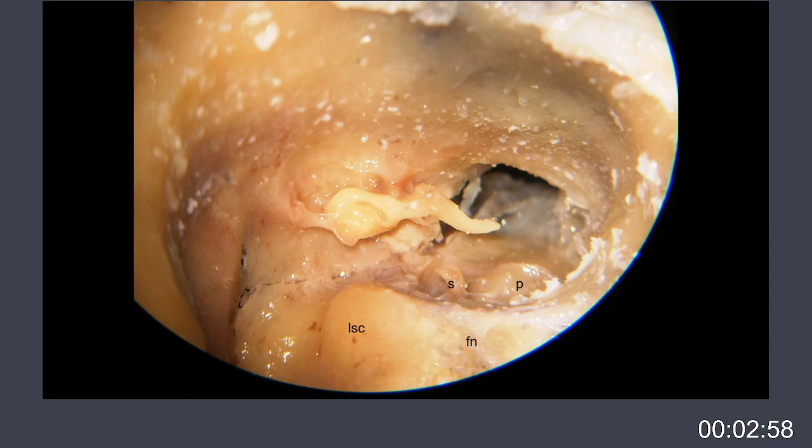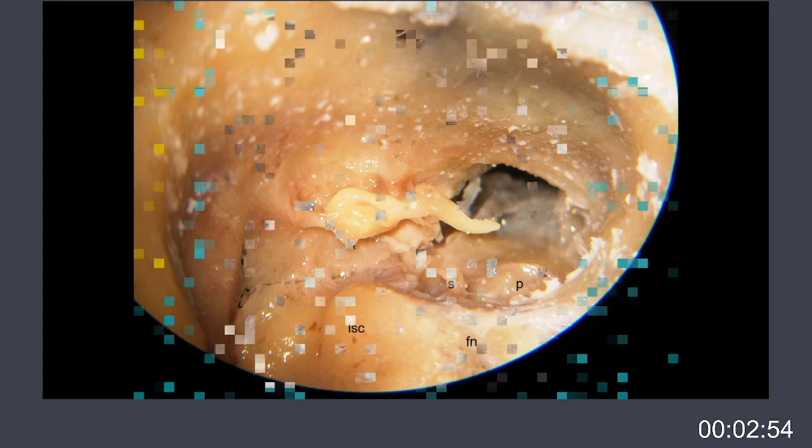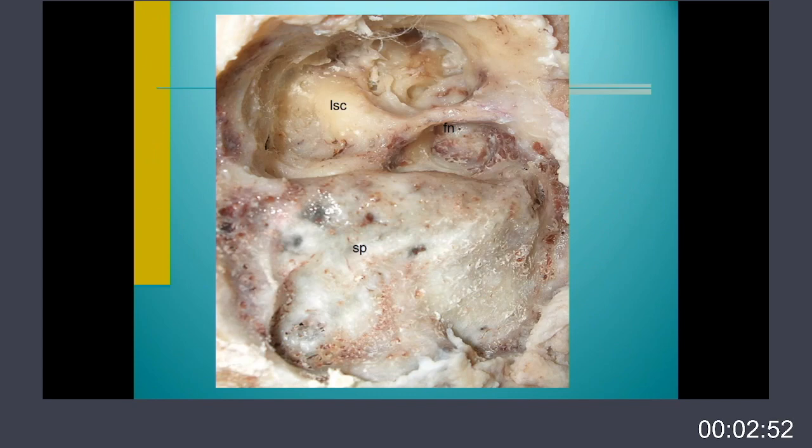This is the pyramid, and this is the lateral semicircular canal. In this also, we can see almost each and every structure: eustachian tube opening, round window, promontory, pyramid, head of stapes, stapedial tendon, processus cochleariformis, lateral semicircular canal, sinus plate, jugular bulb.